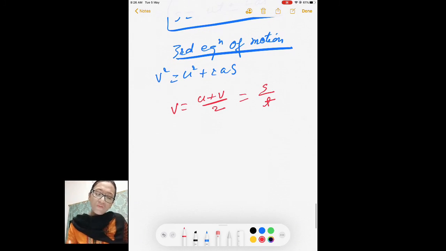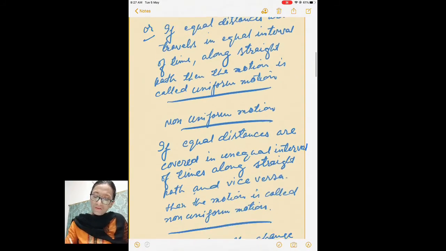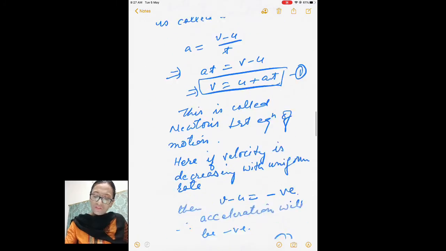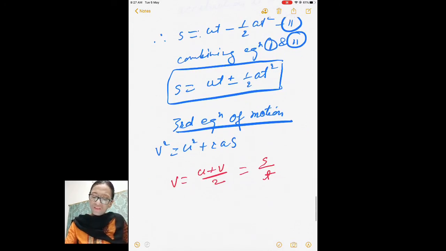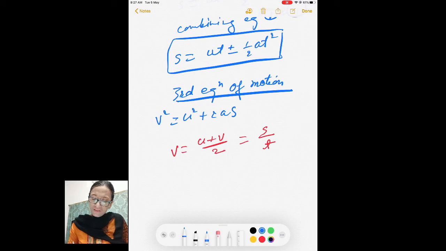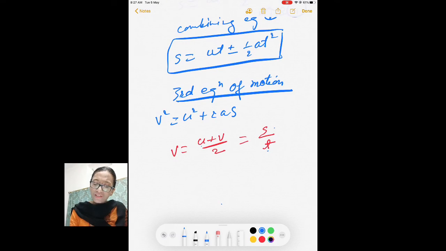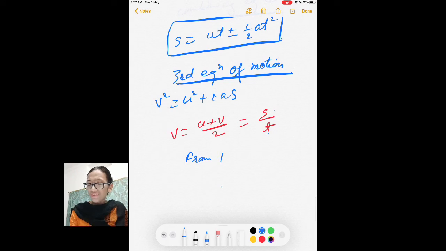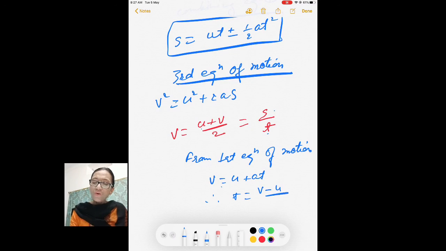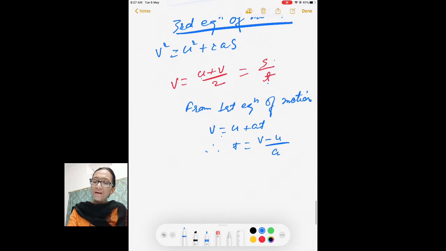Now, in the third equation of motion, you have to retain s, u and v. From the first equation of motion, you know that v is equal to u plus at, therefore t is equal to v minus u upon a.